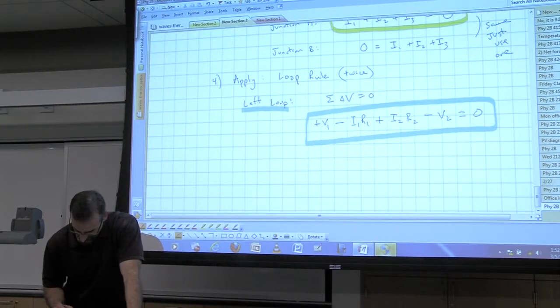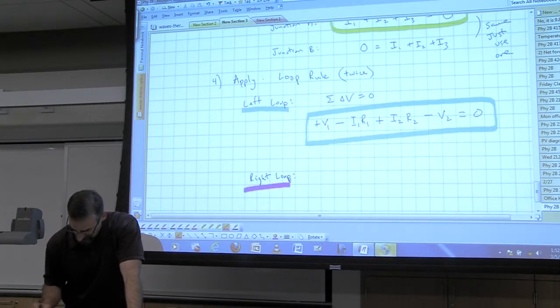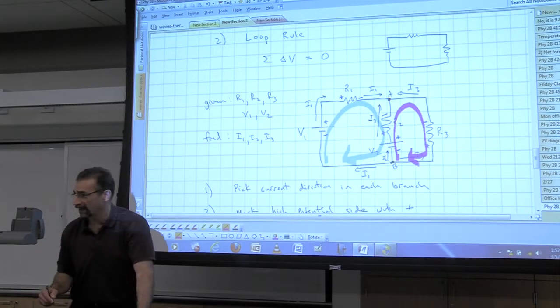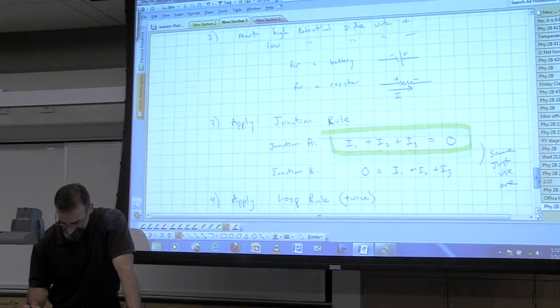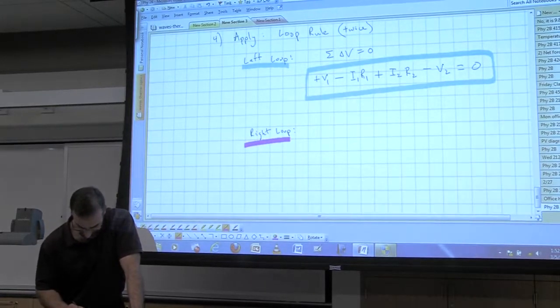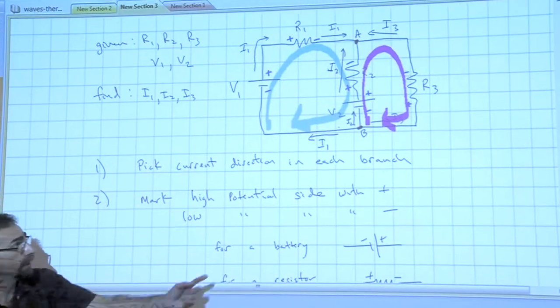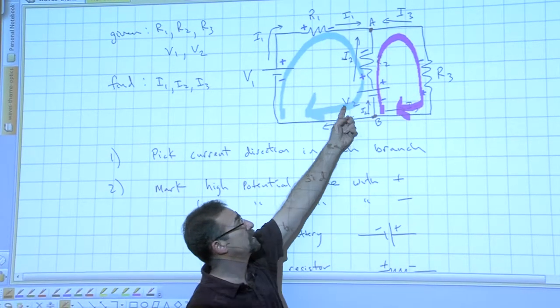We'll do the right loop. And we'll use, how about purple for that? So pick a starting point, maybe this corner, and we'll go around this loop in the clockwise direction. Okay, so what's the first thing we hit? We're walking along. We hit V2.